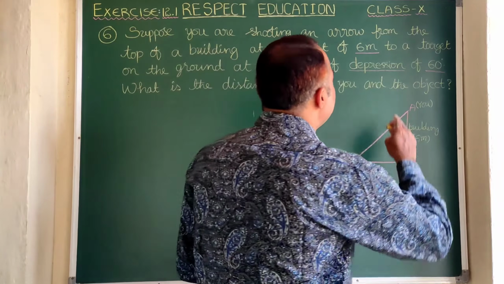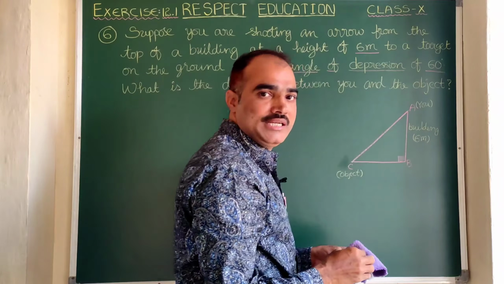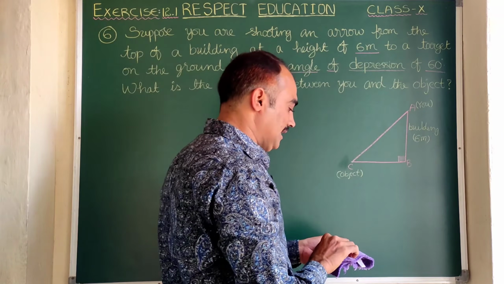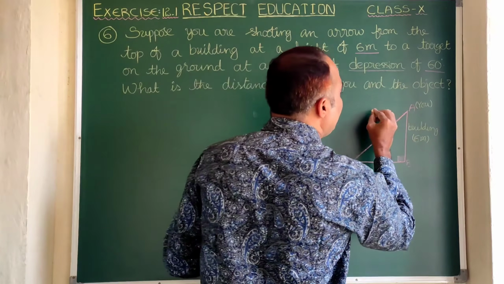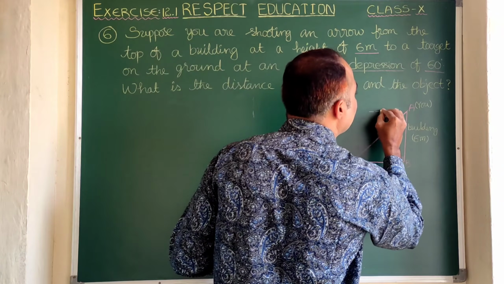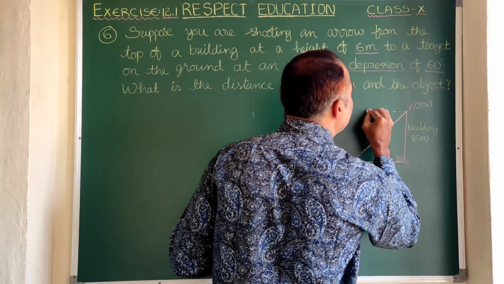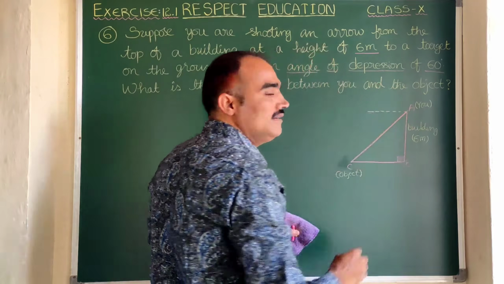Now here this is the given angle of depression. Let us see what exactly is angle of depression. If you are here and you look straight, this is called the horizontal line.